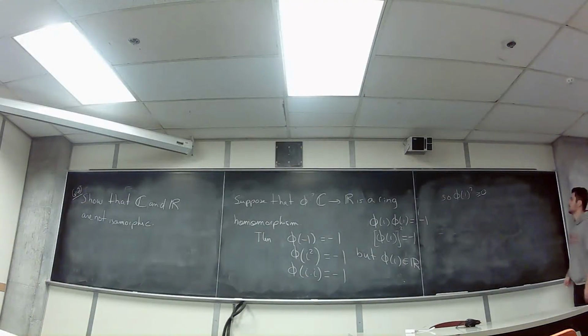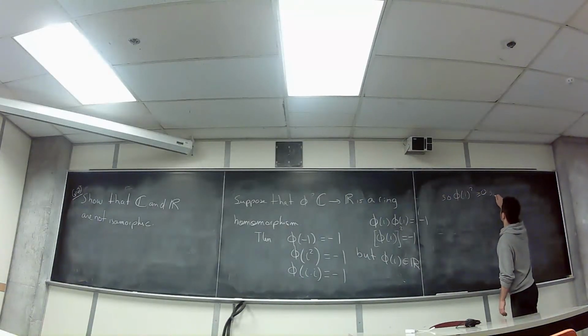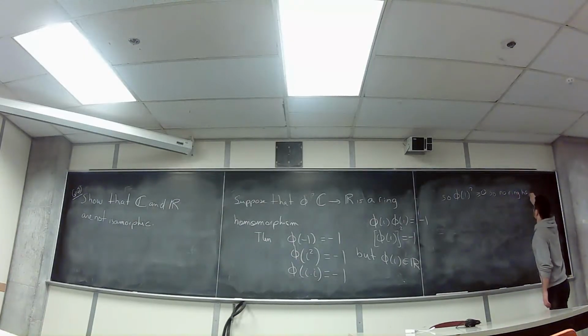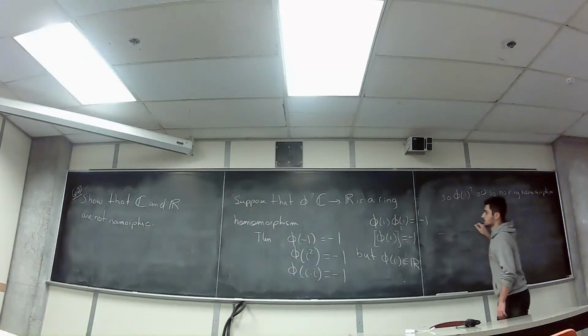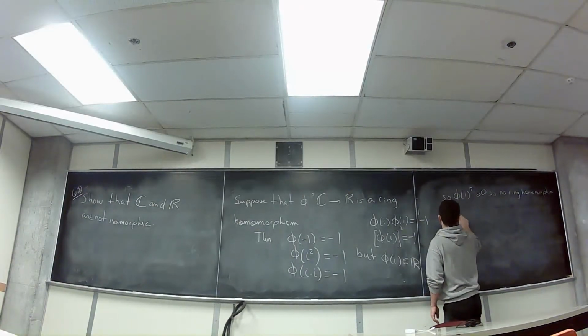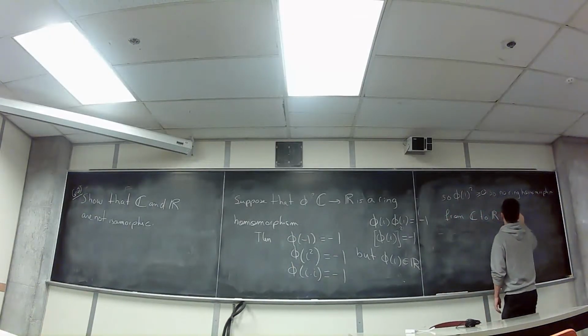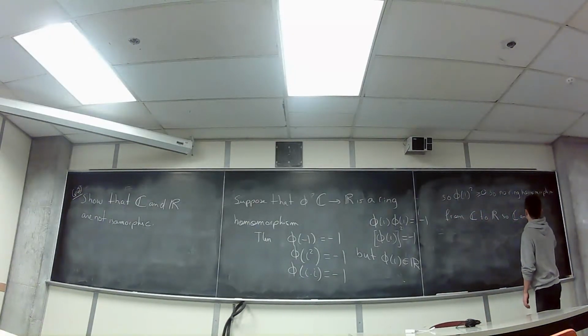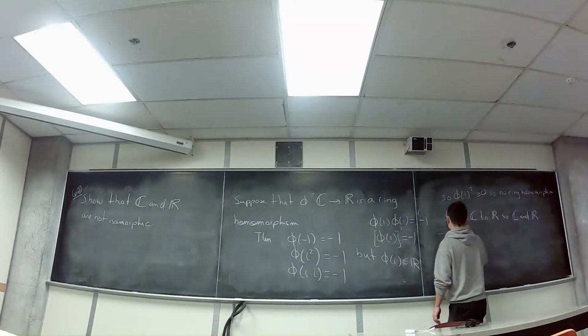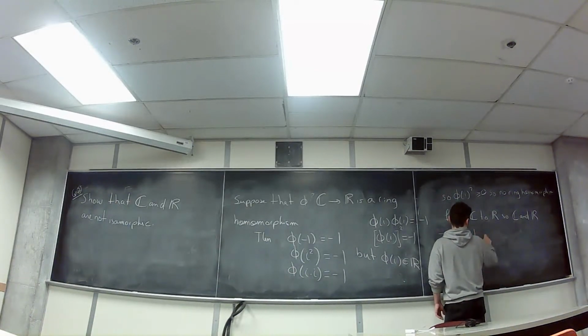So there is no ring homomorphism from C to R. So C and R are not isomorphic. And if you can't find a homomorphism, then you can't find an isomorphism.